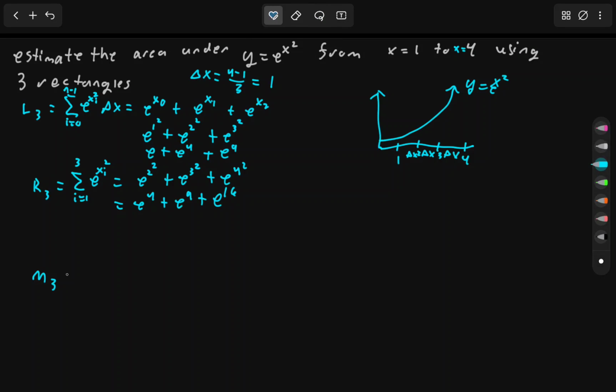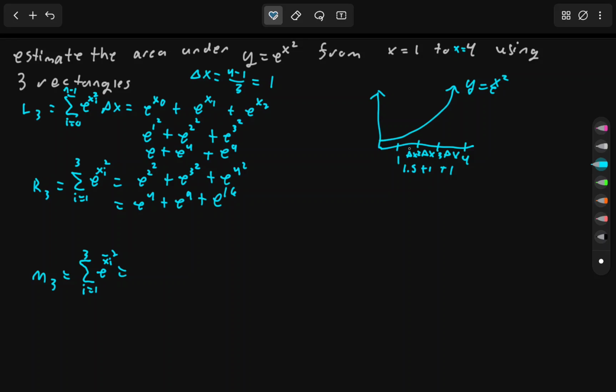So it's going to be the sum from i equals 1 to 3 of e to the x-bar of i squared. So we now have to find the average values of these intervals. Well, 2 plus 1, that's 3. Divide that by 2, that's going to be 1.5. And now from there, we can just add 1 for each interval.